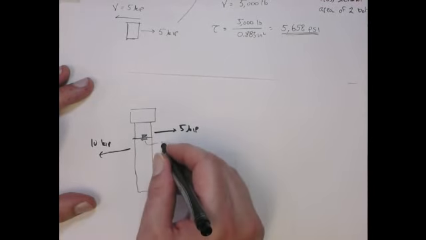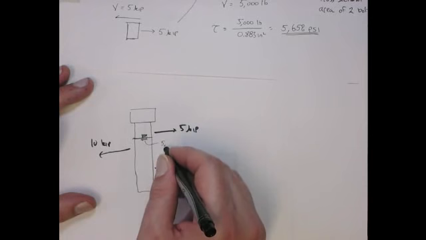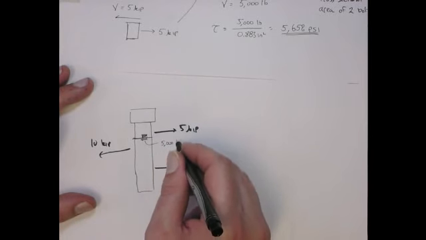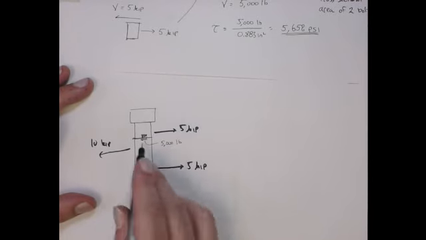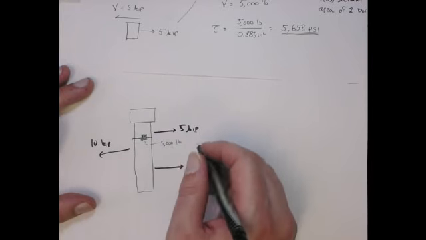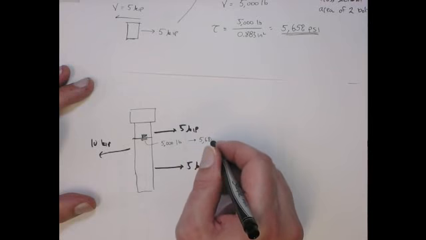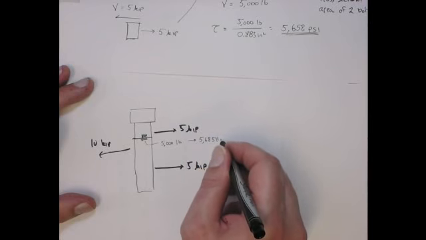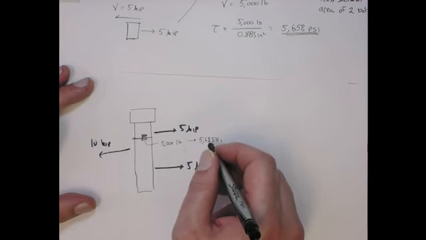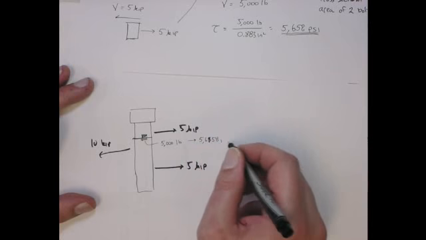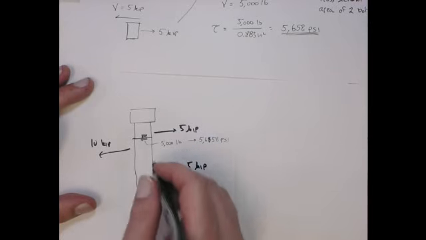And this is the 5,000 pounds. Now you divide that by the cross-sectional area that it works on, this will give you the 5,658 psi in that direction.